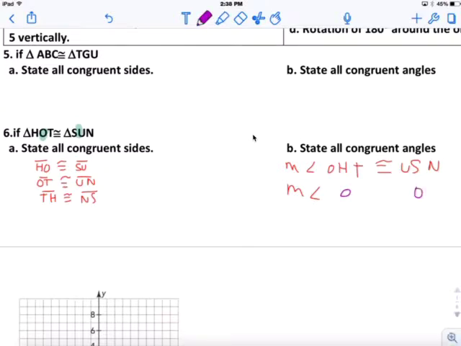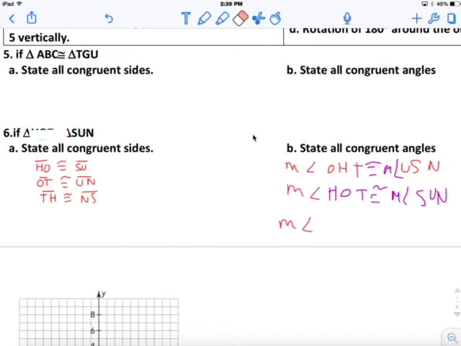O is in U, O corresponding to U. So let's just put the measurement of angle O is congruent to the measurement of angle SUN, with U in the middle. And then that last one is the measurement of angle.